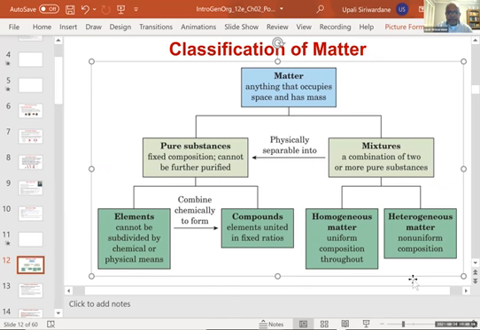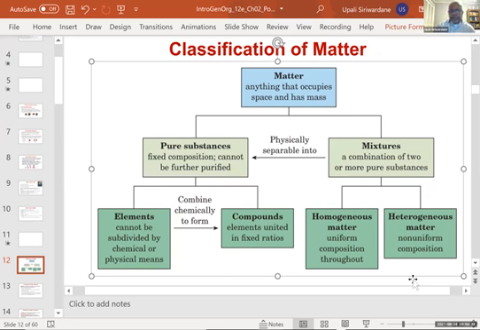Elements combine chemically to produce compounds. The mixtures are mixtures of several types of pure substances. They are complex mixtures. They contain more pure substances. Mixtures could be heterogeneous or homogeneous. So that's a basic classification of matter.